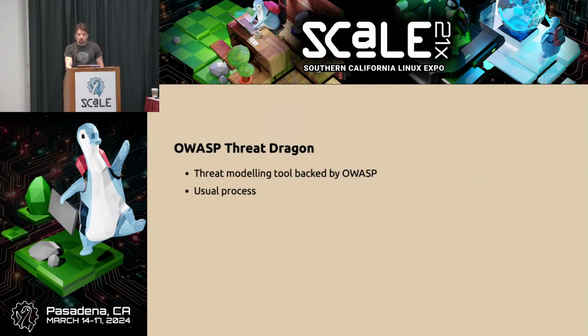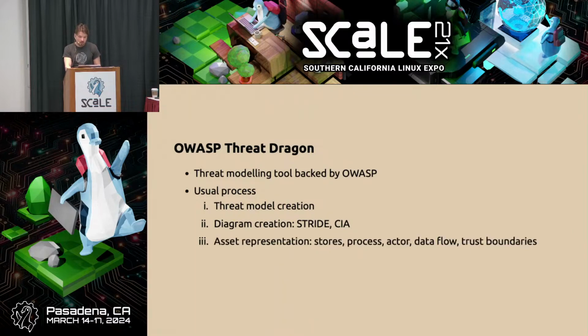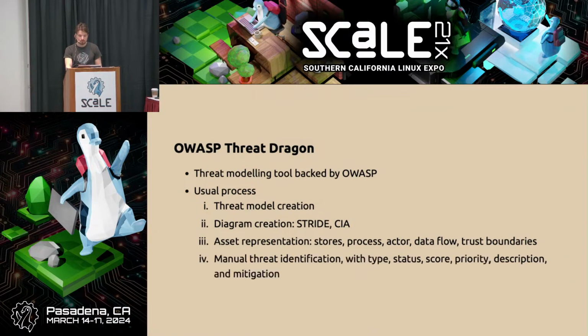So I should think about that and plan for some mitigations. So the usual process for this open source tool is creating a threat model using a diagram style. In this case, in OWASP we have STRIDE and CIA. We need to represent our assets, which can be stores, processes, actors, data flows, and trust boundaries, and to manually identify the threats which are possible with type, status, score, priority, description, and mitigations.